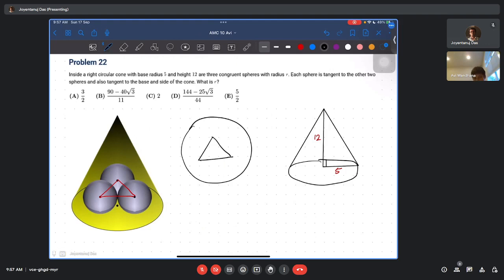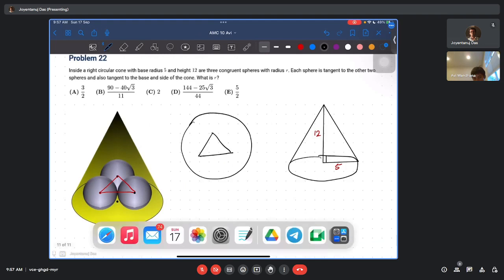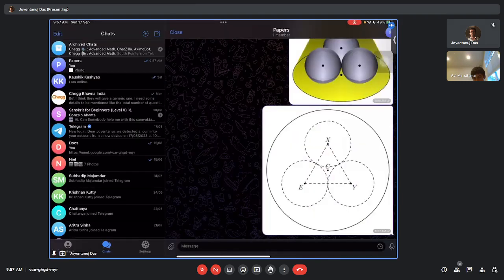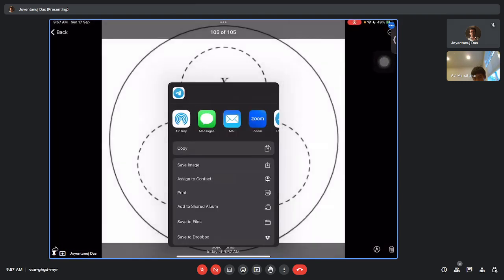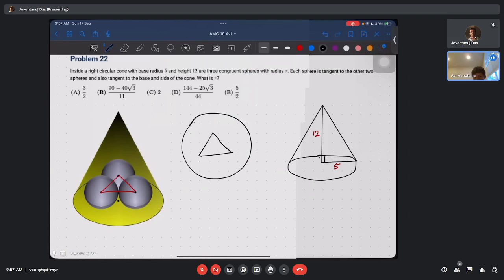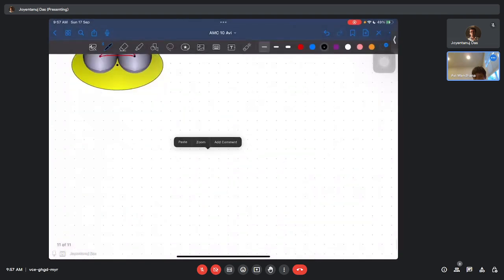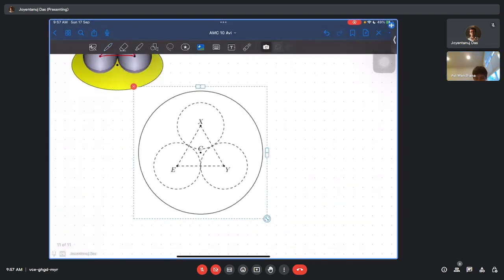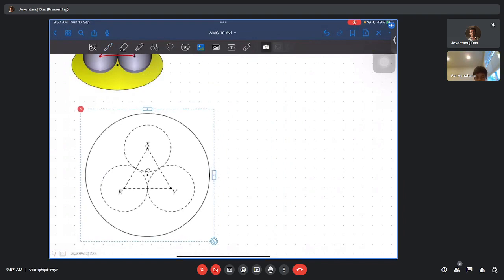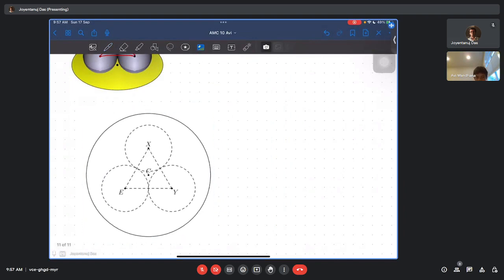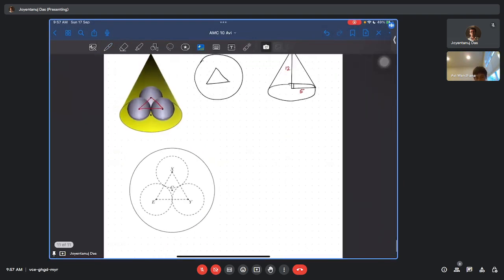Okay, I will take the screenshot of the top view also. That will be clear for you. If you are looking from the top, it will look like this. So this is the equilateral triangle X, E, and Y. These are the centers of the spheres.